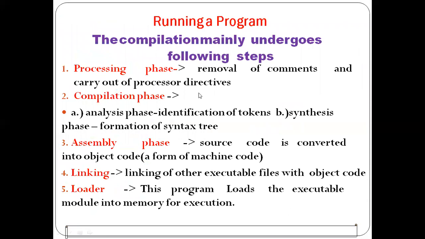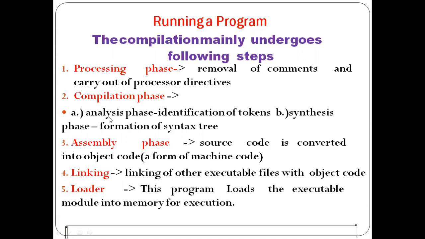See, running a program, compilation mainly undergoes the following steps. First, the preprocessing phase. What does it do? Removal of comments and carrying out the preprocessor directives. Second part, the compilation phase.